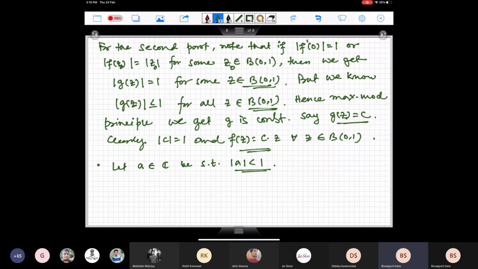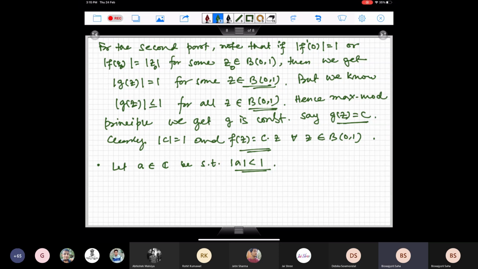And now you see, as I said, I want to take a function which vanishes at a. So give me one function which vanishes at a. Very natural one. What will be a function which vanishes at a? z minus a. Very good. Now you see what happens with this z minus a.